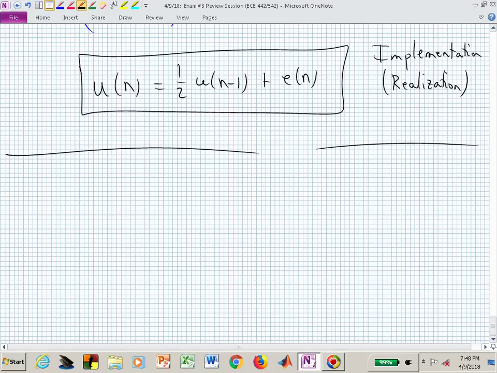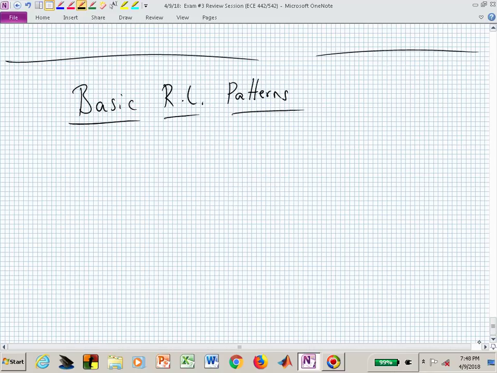That's the first piece. Let's look at some basic root locus patterns. And now we have all sorts of different possibilities. Suppose I give you a pole, and maybe I label it such that this is now your z-plane.